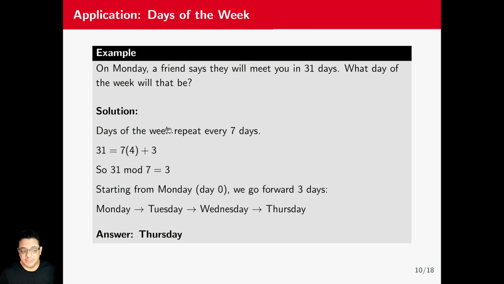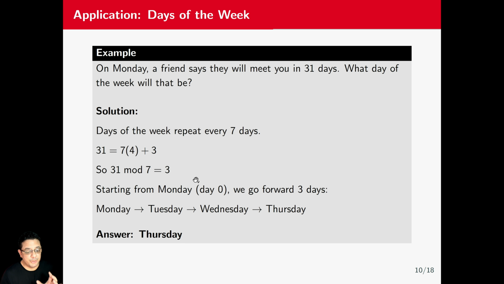The days of the week repeat every 7 days. So we can divide 31 by 7 and see how many that is and what the remainder is. In this case, 31 can be represented as 7 times 4, which is 28, plus 3. So 31 mod 7 is going to be 3, which is the remainder.